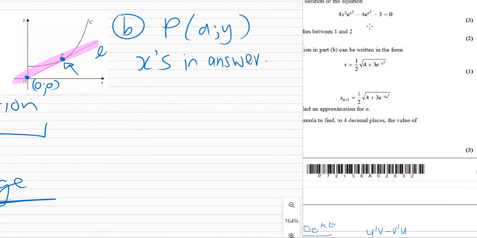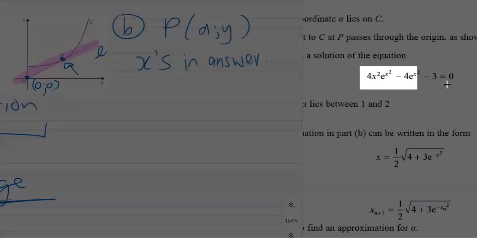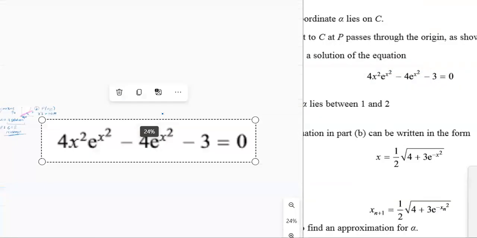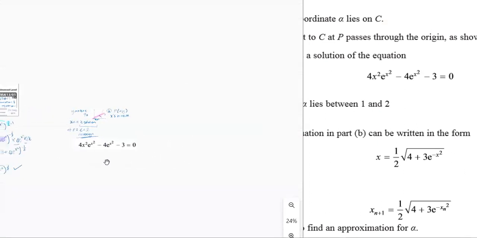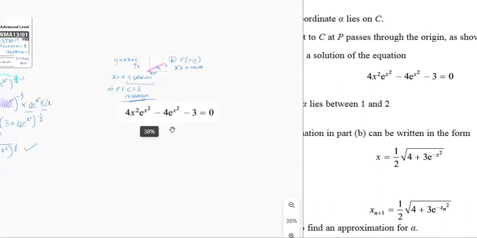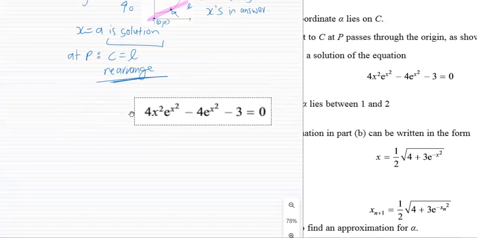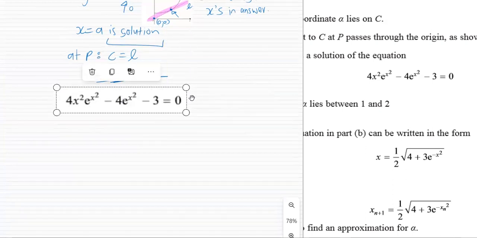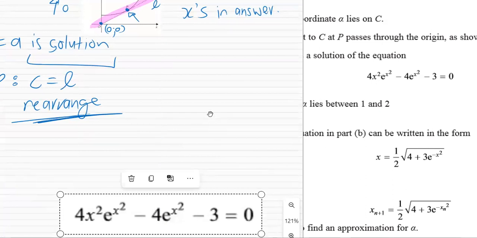Let me just grab this for you so you can have a look at it while we're busy working. Okay, we want to make our working look like this. This is what we're aiming for, and put it down there.